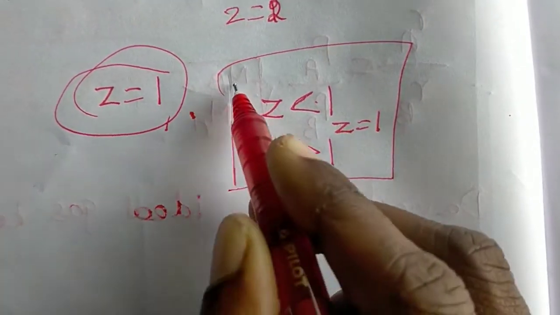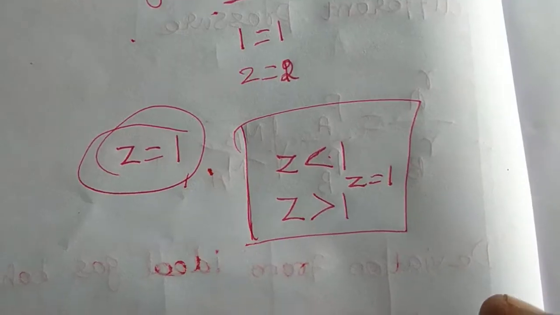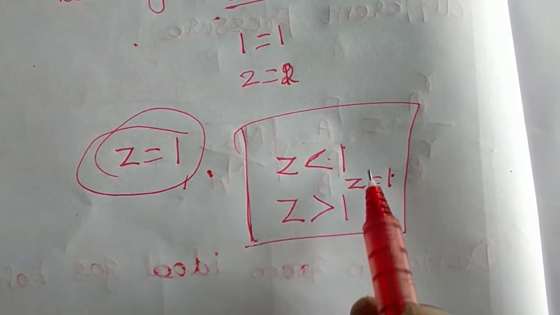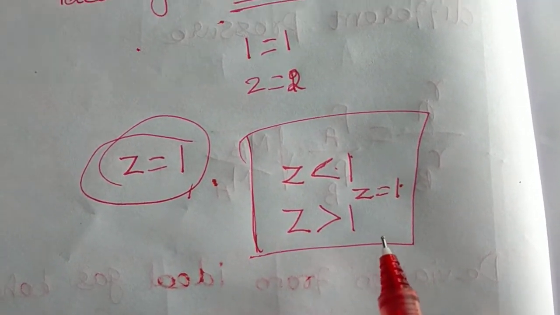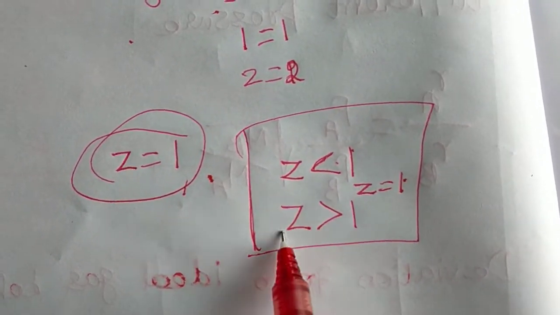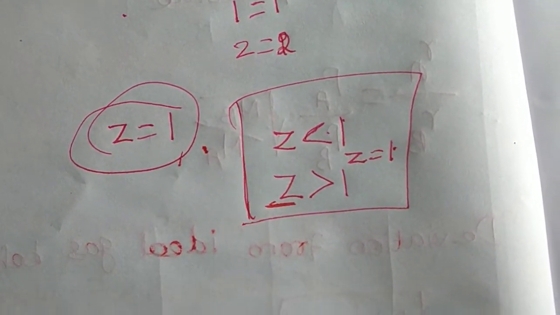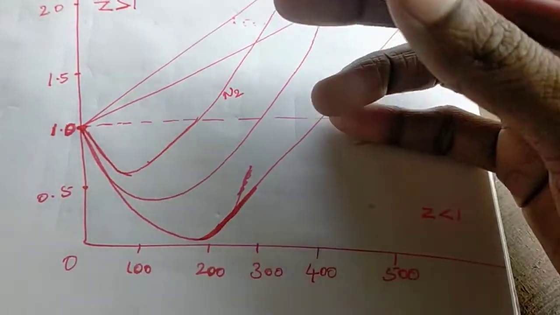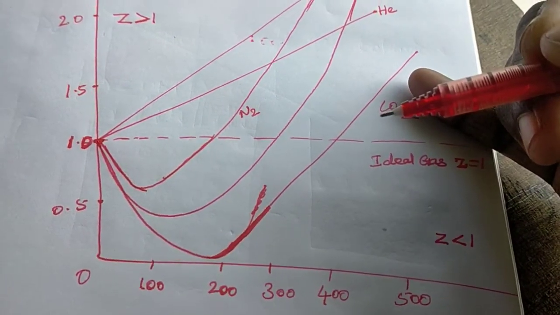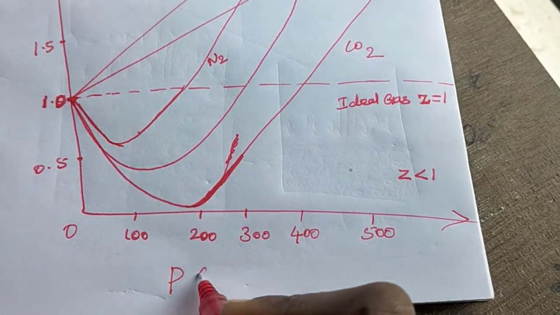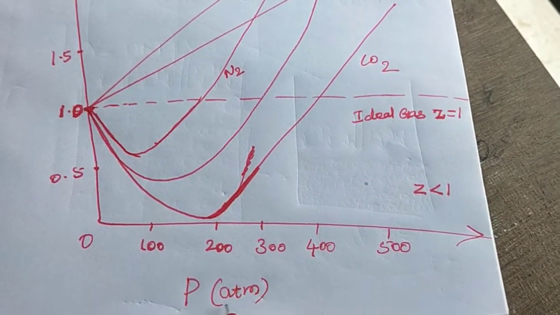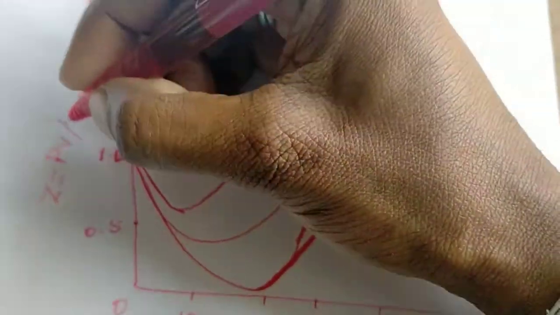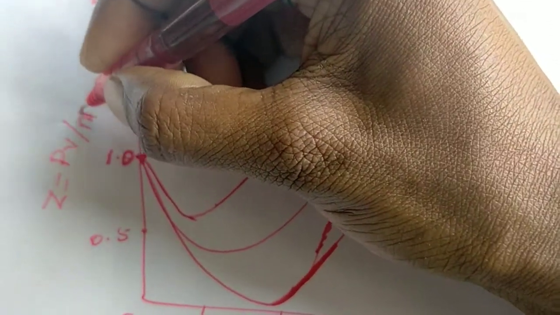To understand this for the ideal gas and the real gas, we plot pressure against compressibility factor in a graph. The X-axis denotes pressure in atmospheres, and the Y-axis is Z equal to PV divided by nRT.